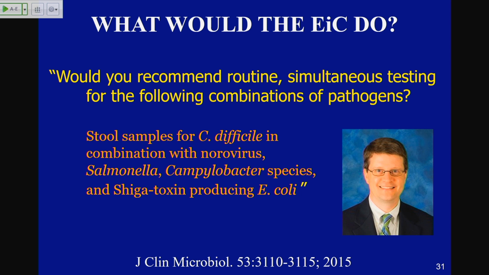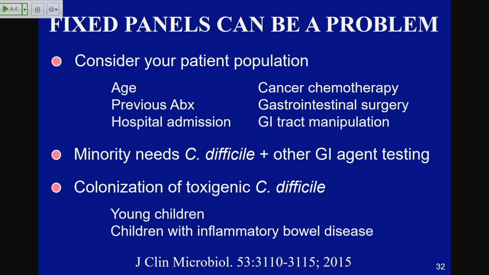He had three bullet points, one of which was stool samples for C. diff in combination with norovirus, salmonella, campylobacter, and Shiga toxin-producing E. coli. So this situation has been out in the literature, right? So here's his response to that situation.